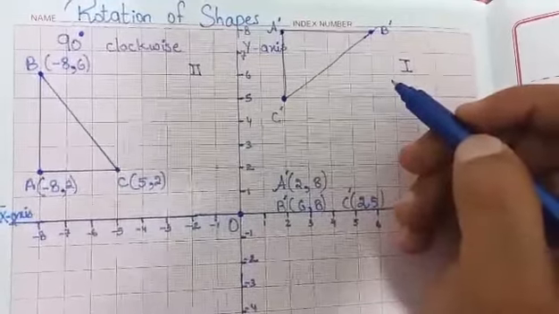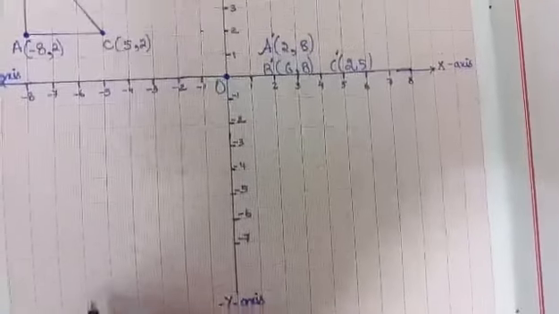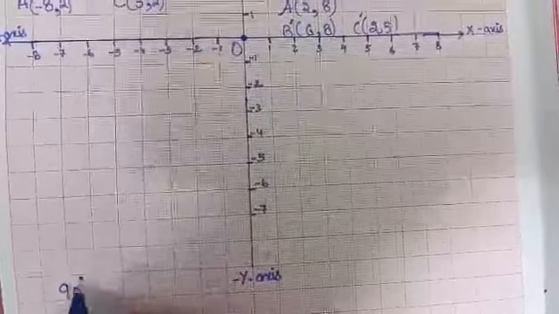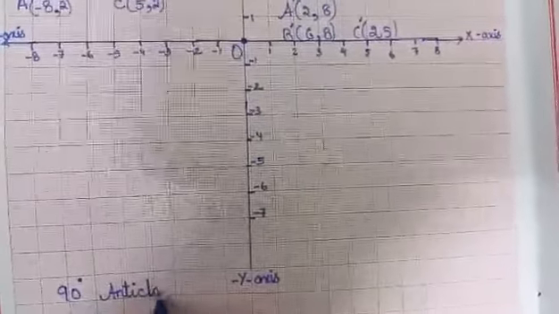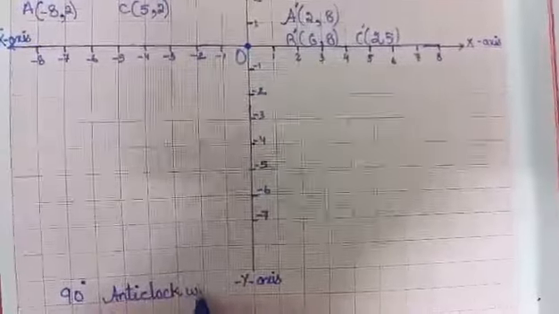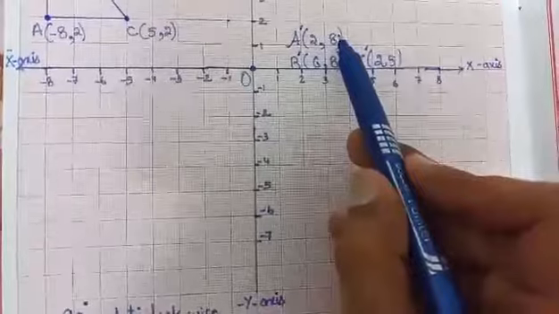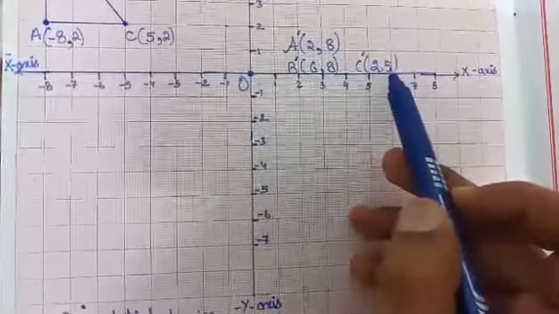When we are supposed to rotate the shape 90 degrees anti-clockwise, the coordinates would remain the same. A would be 2 and 8, B would be 6 and 8, C would be 2 and 5.